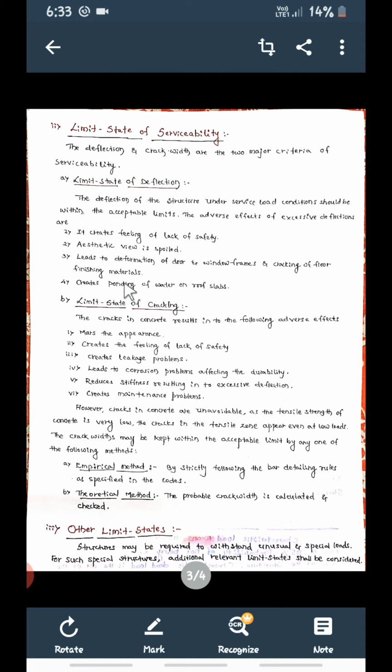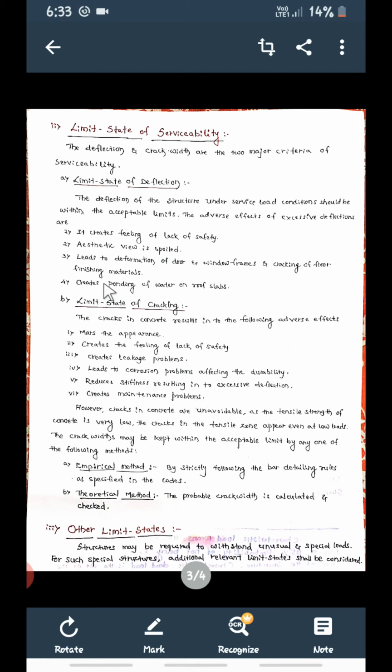Then third, this deflection leads to deformation. When the deflection takes place, there will be deformation of doors, window frames, then cracking of floors, etc. These are the associated problems with deflection. Then fourth, it creates ponding of water on roof slabs. Suppose the slab deflects, what happens?